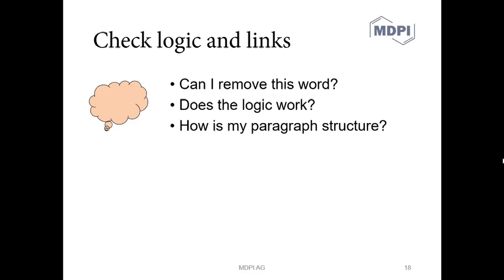Of course, sometimes they are necessary, and when they are, you can ask, does the logic work? Is this really the correct word that I've used in this context? And of course, going back to the last talk, how is my paragraph structure as well?